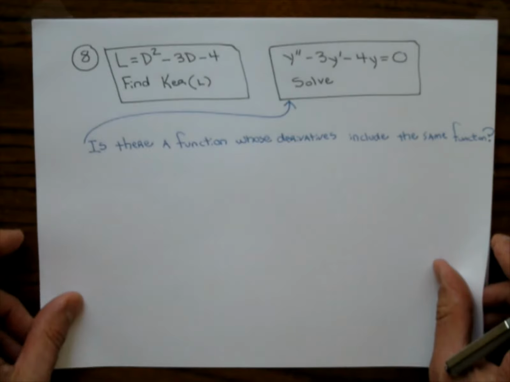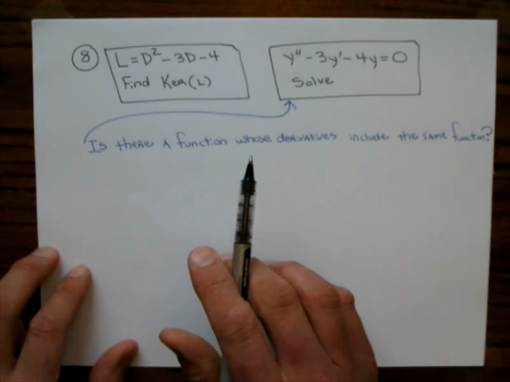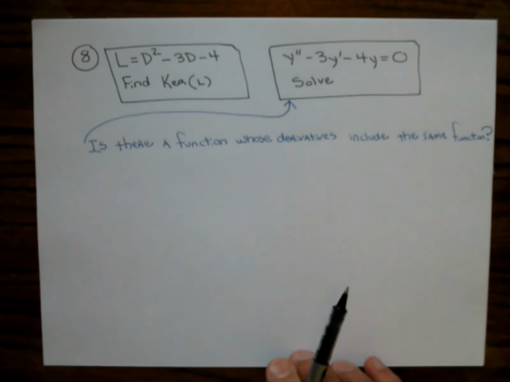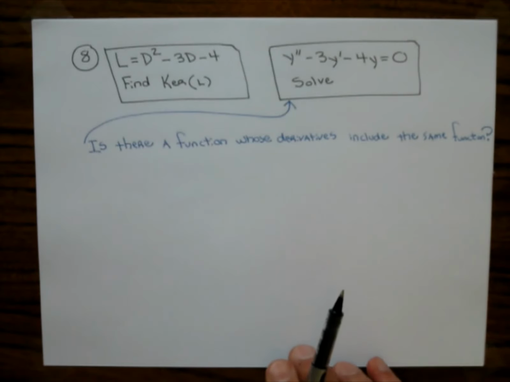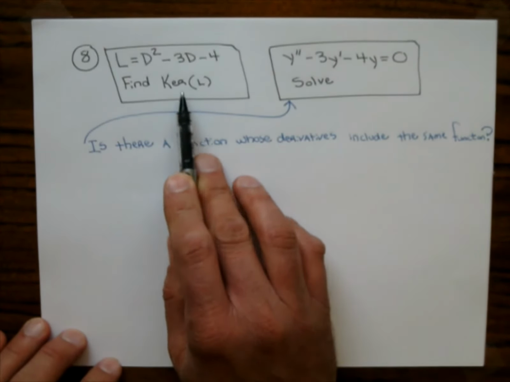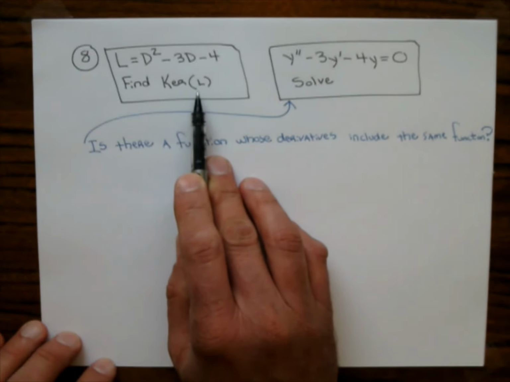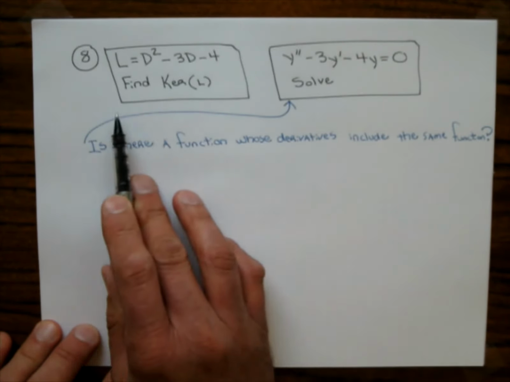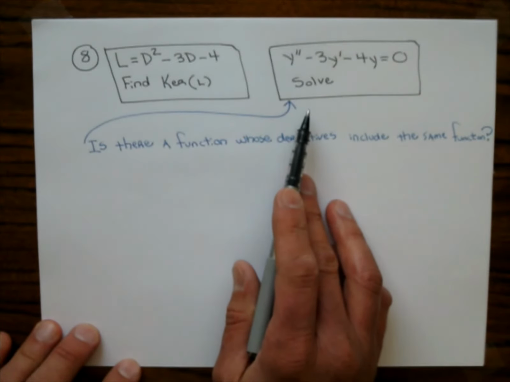Now problem number 8, what we want to do with problem number 8 is go back to the one that we couldn't do, and now we're going to be given a hint. On problem number 6, that's the one where we answered, we cannot do this yet. We also answered the fact that we know that the kernel has dimension of 2, and this was just something we don't know how to do.